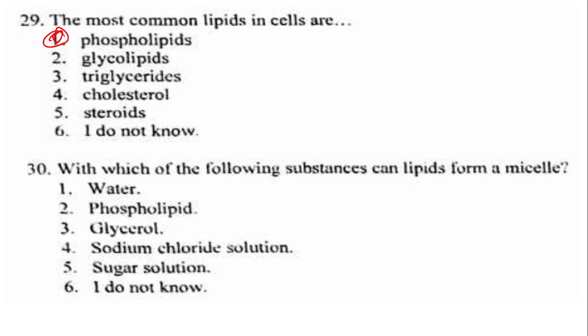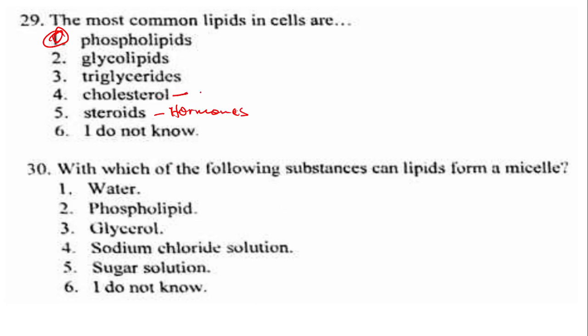I remember explaining that, and the cell membrane also has the lipid called cholesterol. The steroids, these are hormones. You will know much more detail about them when you study biochemistry.